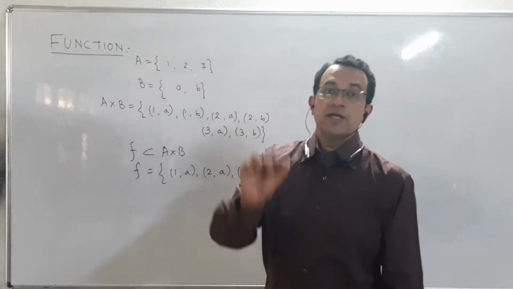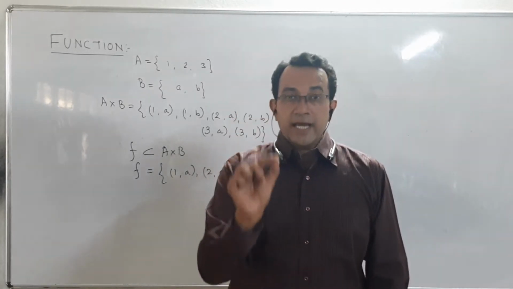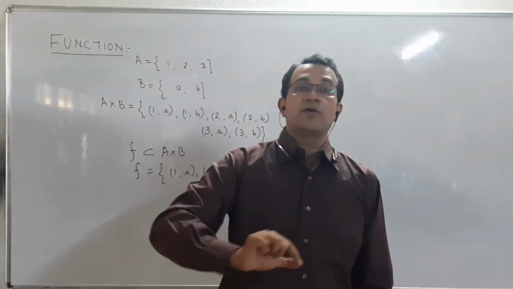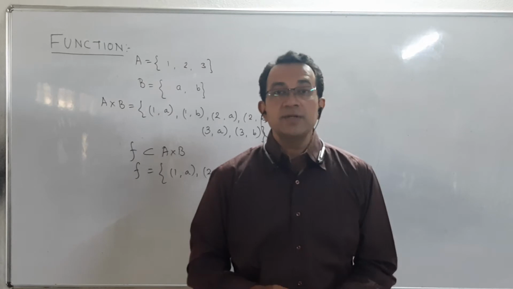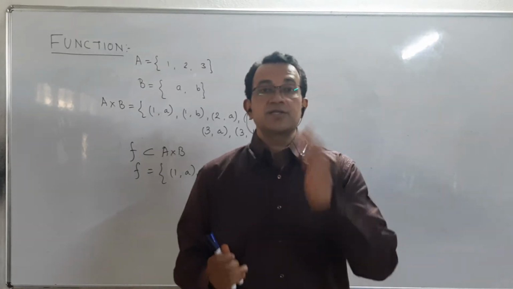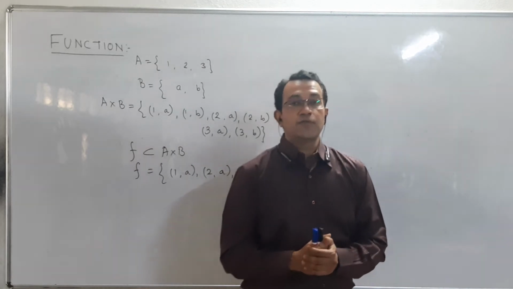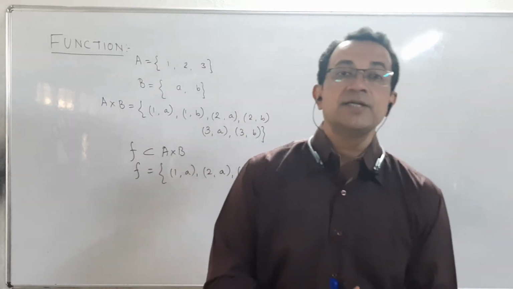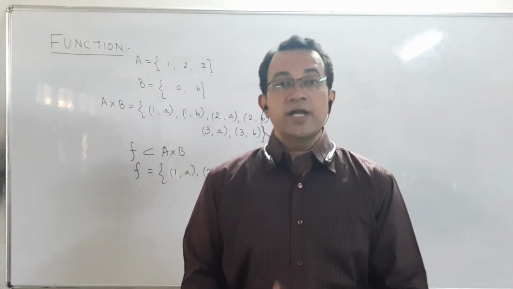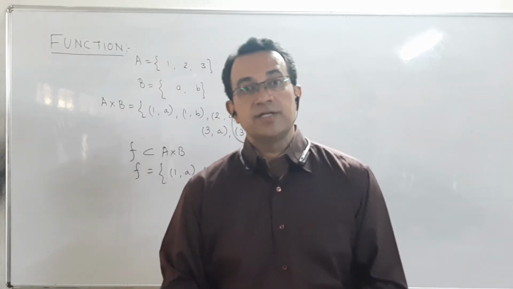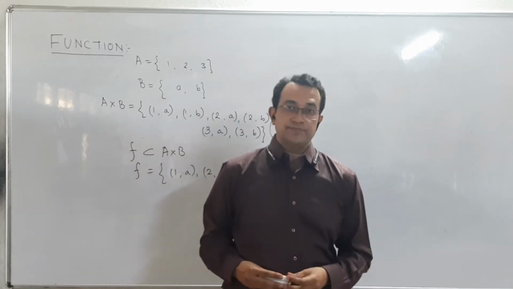I repeat, a relation F such that for every element of A, we have a unique image in the set B, then such a relation F is defined as a function from set A to set B. So definitely a function is a relation, but every relation is not a function.